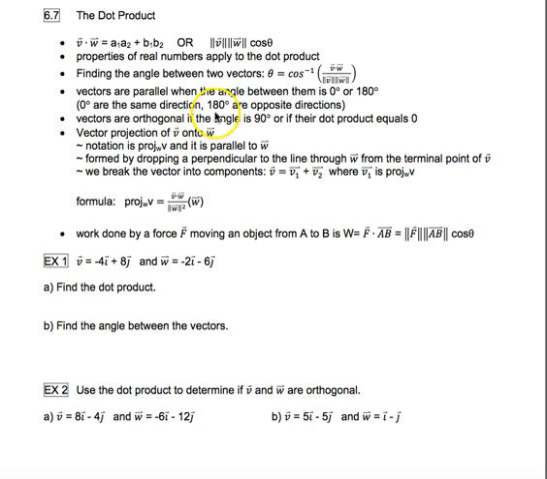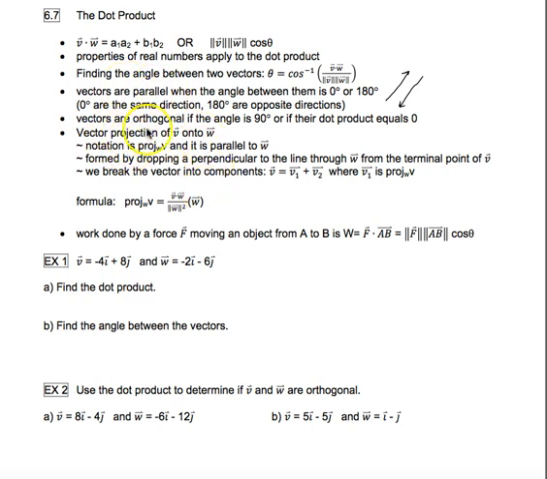If it's 180, then that means that they're going in the opposite direction of each other. So you might have one vector going like this and one going like this, because remember that all vectors have both a magnitude and a direction. So it's not just parallel lines, not exactly the same thing.